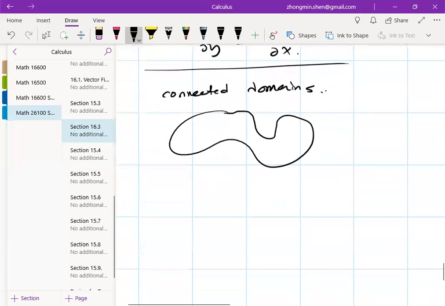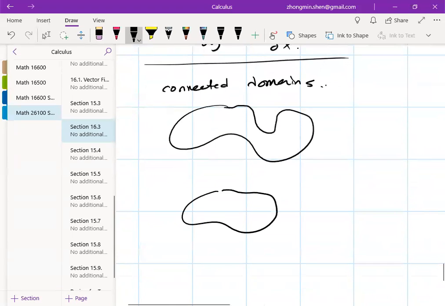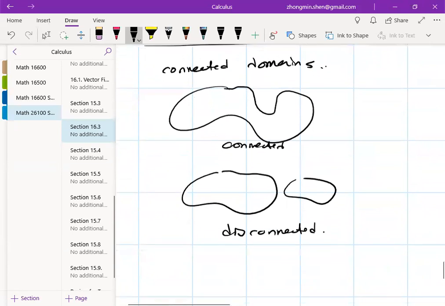And these two are disconnected domains. This D has two regions. That's easy to understand. But simply connected.